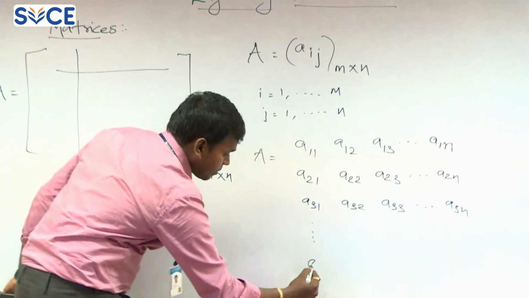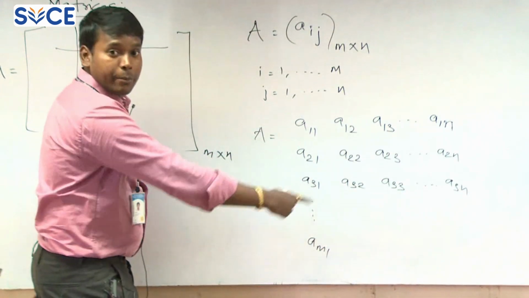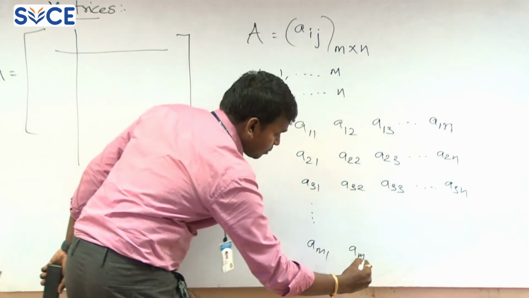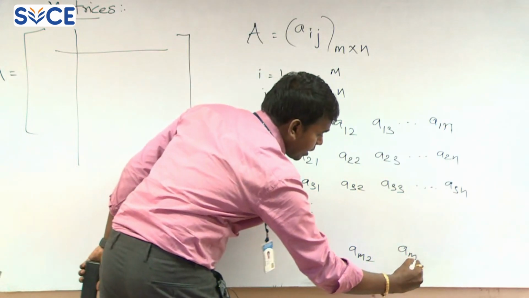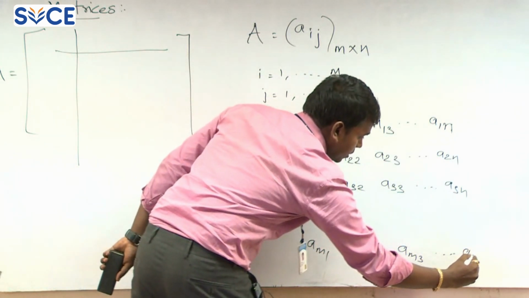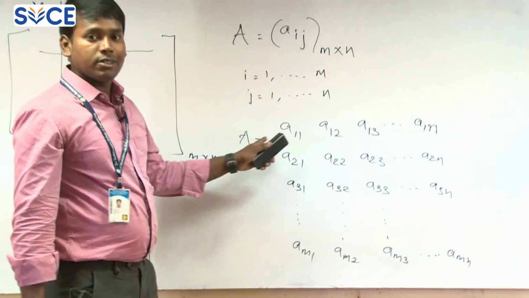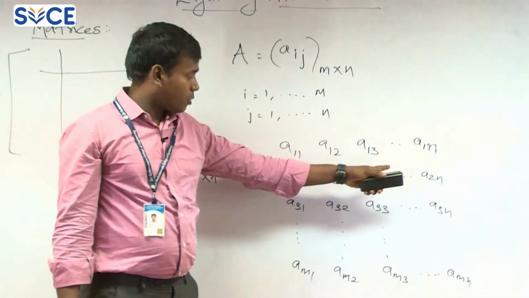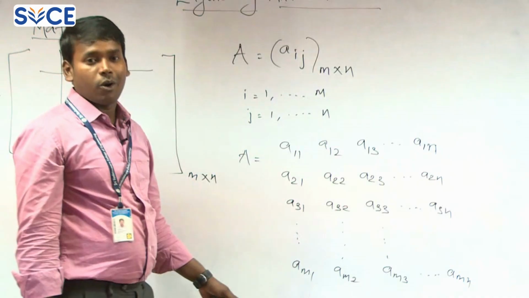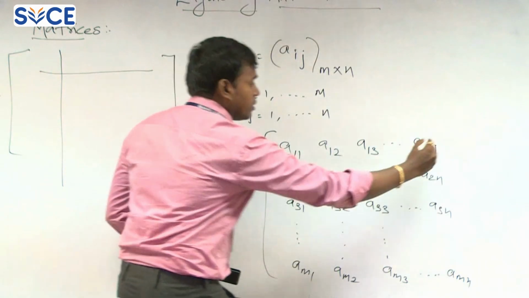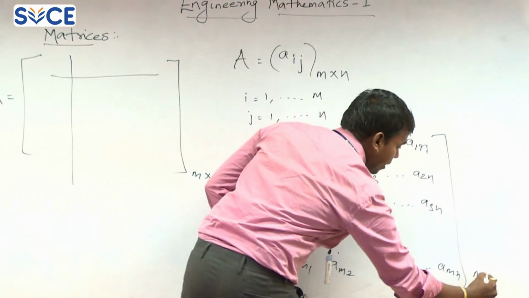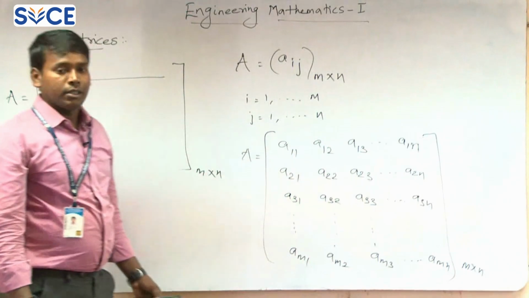Similarly, the last, m-th row, Am1, Am2, Am3, etc. to Amn. So horizontals are denoted by rows and verticals are denoted by columns. So this is an m by n matrix.